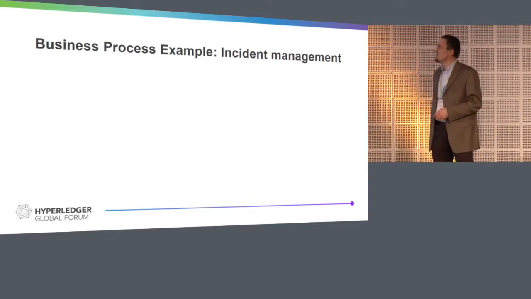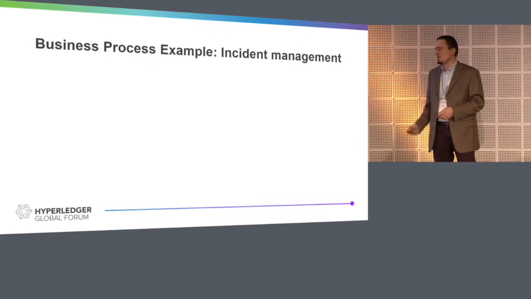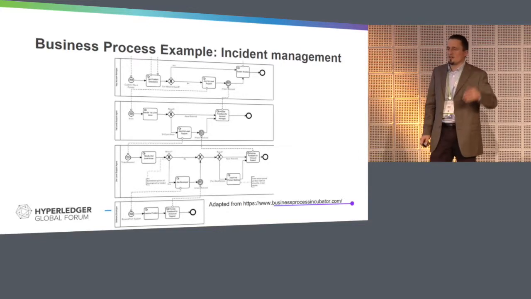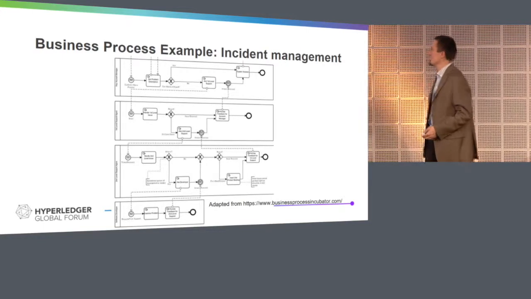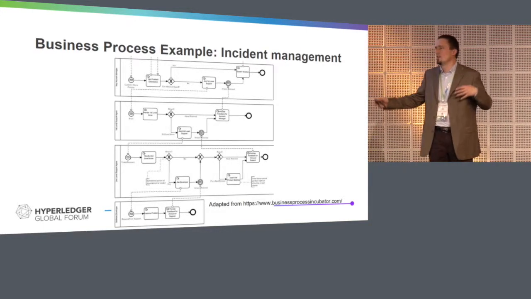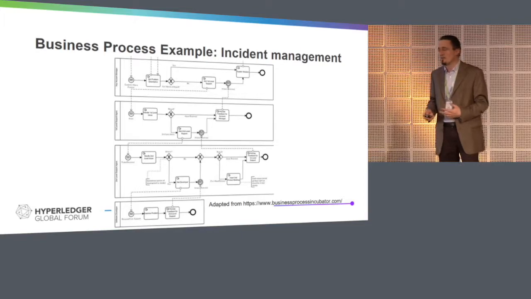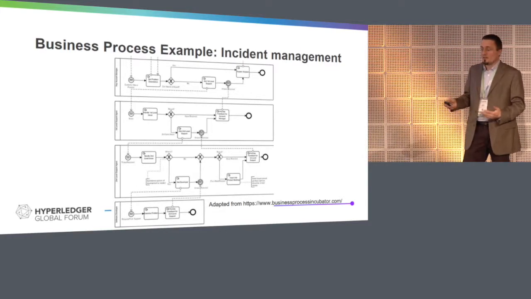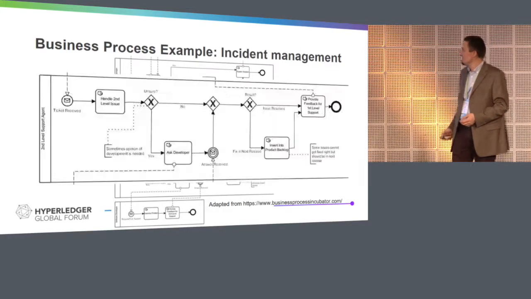Just to give an example of a business process, let's have a look at a business process about incident management. Let's assume that this is a usual three-level support system, where a distributed organization supports a system or software and wants to handle incident reports coming from the users.